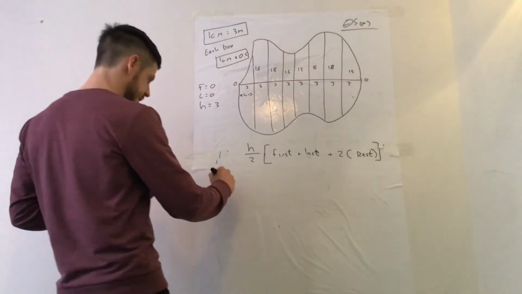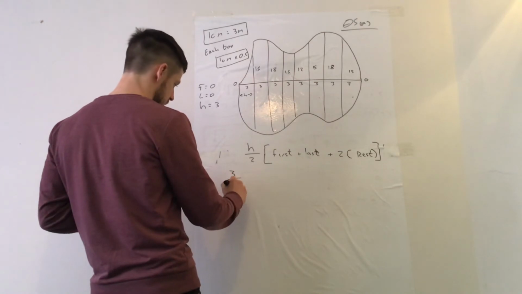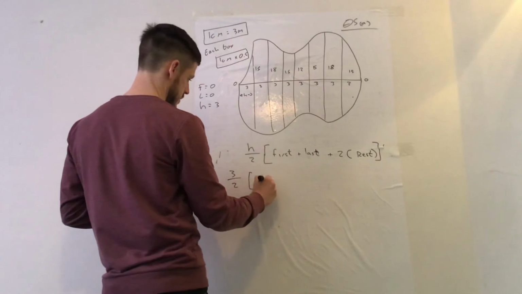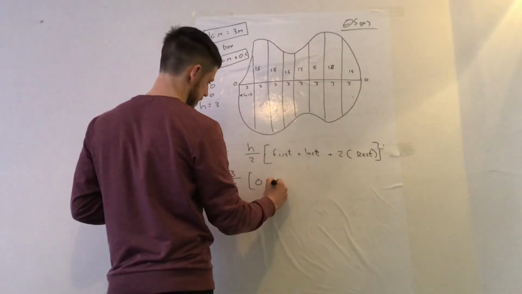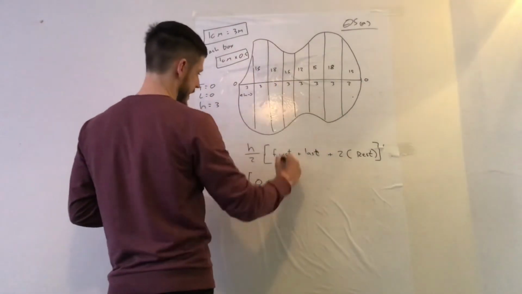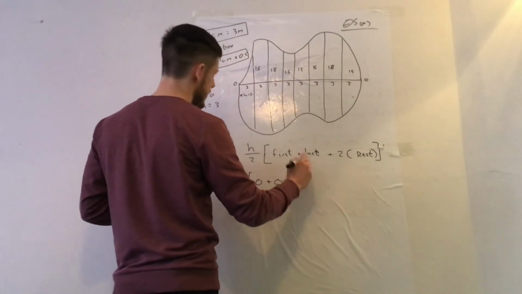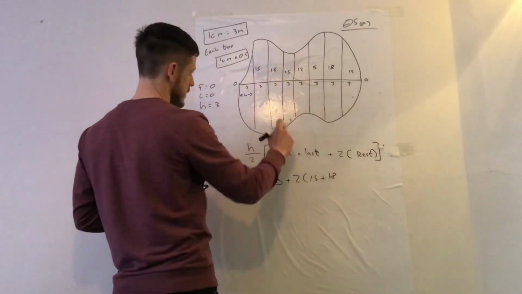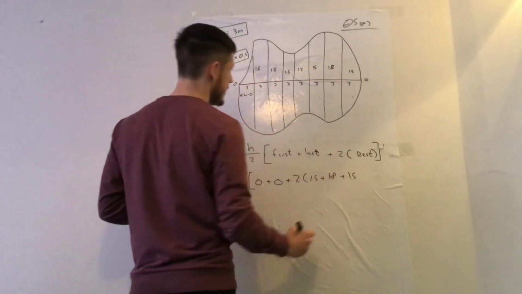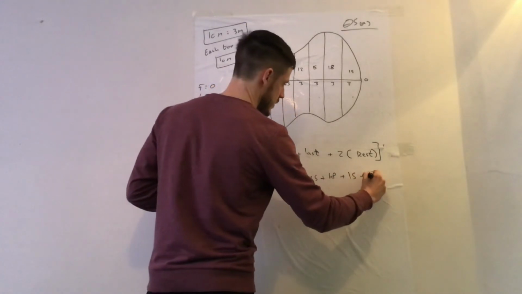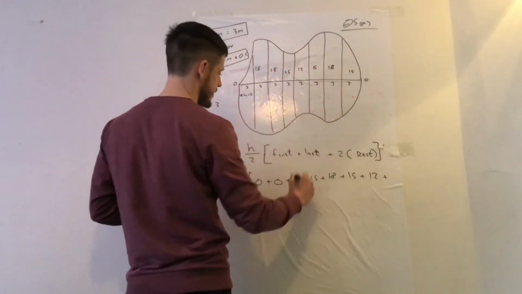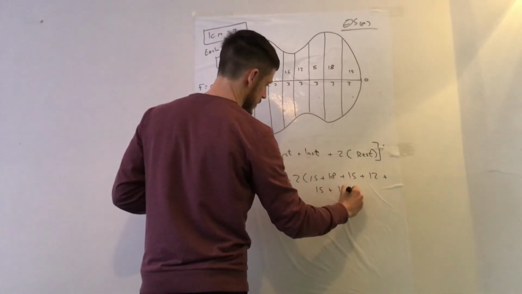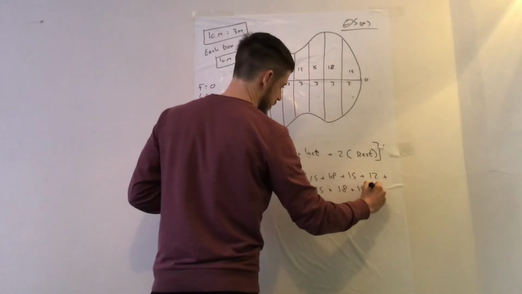So what I'm going to do is write it out fully for you here. H is going to be 3 over 2. And then my first one here is going to be 0, plus 0 at the end here. And then I'm going to add up twice everything. So I'm going to go 2 times 15, plus 18, plus 15 again, plus 12, plus 15, plus 18, plus 15, close it.